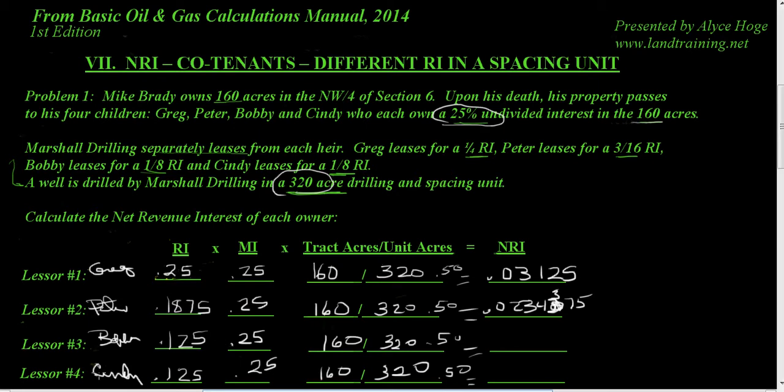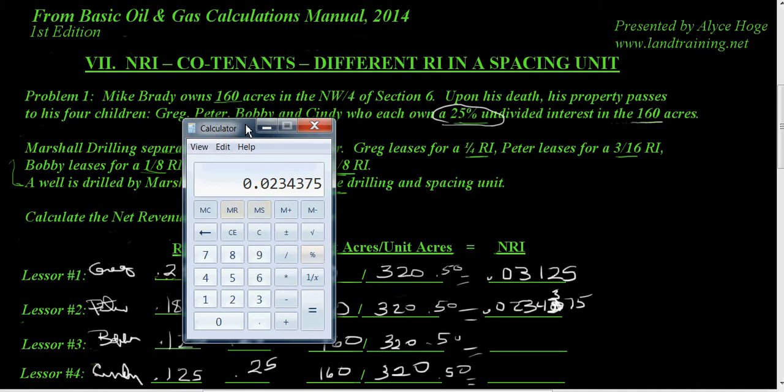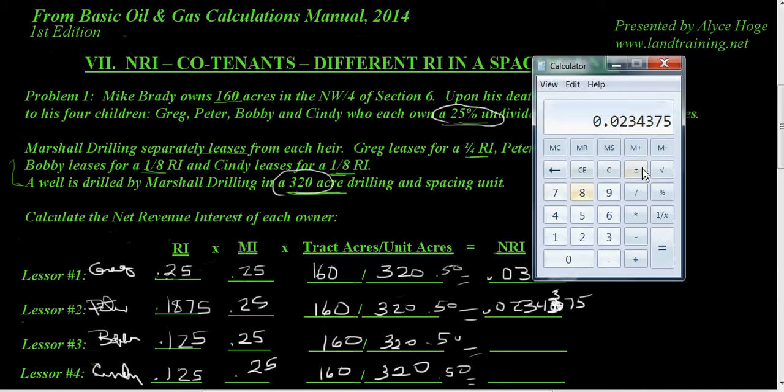Then we look at Bobby, and Bobby and Cindy's is the same. So we'll just need to do this for one of them. And so Bobby's interest is a 0.125 royalty interest times a 25% mineral interest times the number of acres in the lease tract divided by the total unit acres.